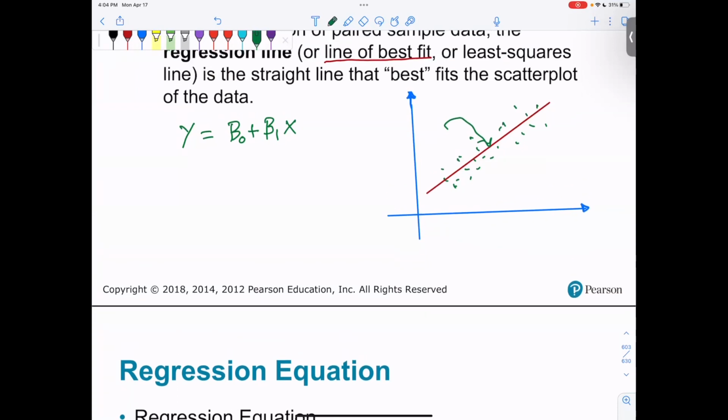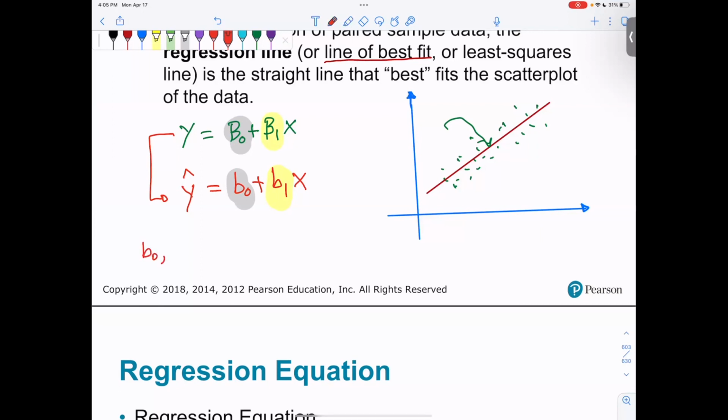No one knows this line, but we will try to estimate it using a sample. So we will find y hat, which is the estimated value of y, equal to b0 plus b1x. Now b0 is the estimated value of beta 0, and b1 is the estimated value of beta 1.